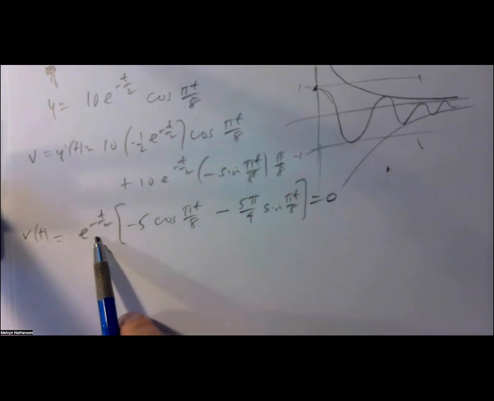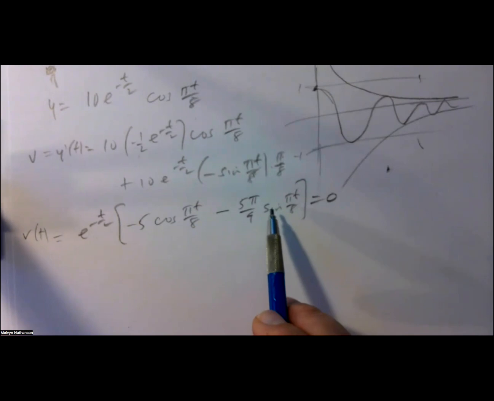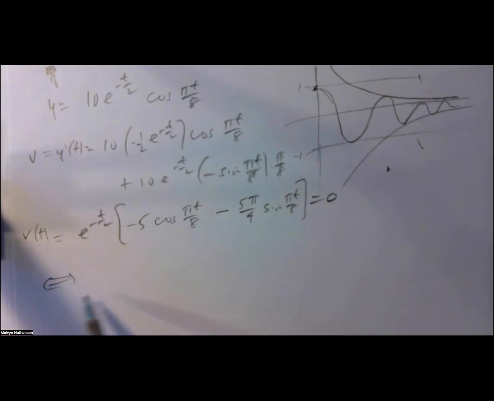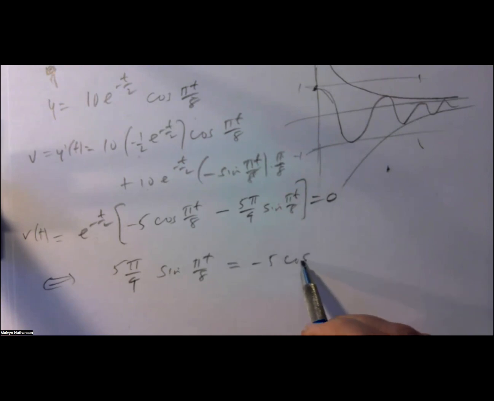Well, the exponential function is never equal to 0. So this is equal to 0 when this equals 0. So this equals 0 if and only if 5 pi over 4 sine of pi t over 8 equals minus 5 cosine of pi t over 8.